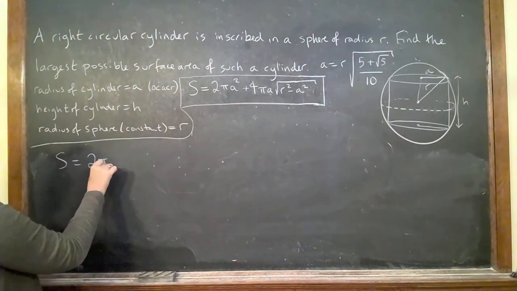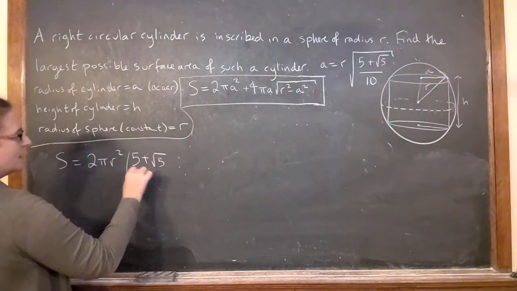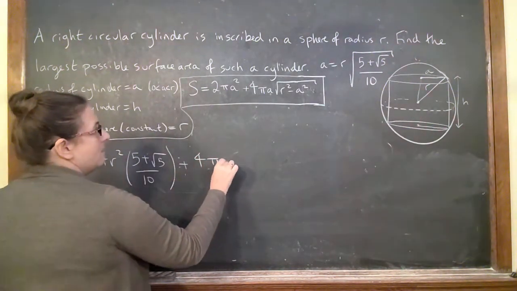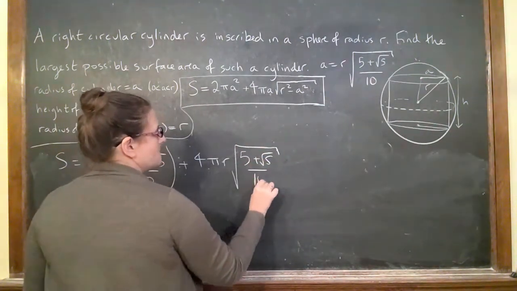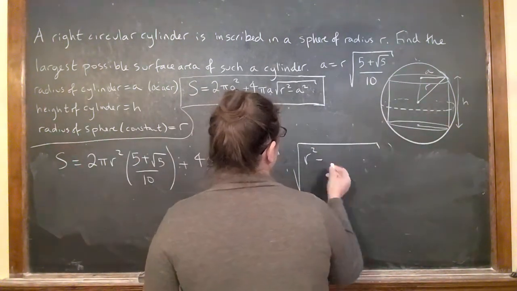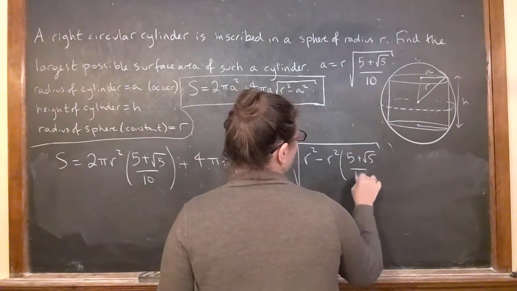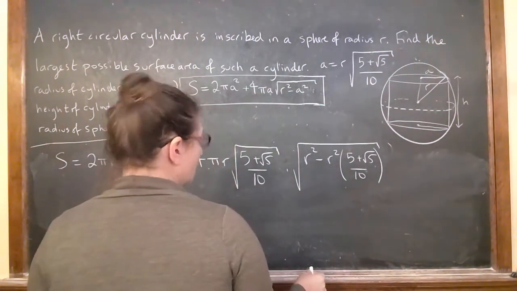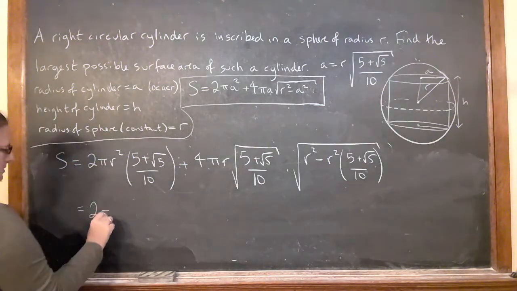So 2 pi r squared times 5 plus root 5 over 10, plus 4 pi r times the square root of r squared minus, well, I think I did do some of this anyway. It's very similar to what we did in the other one.